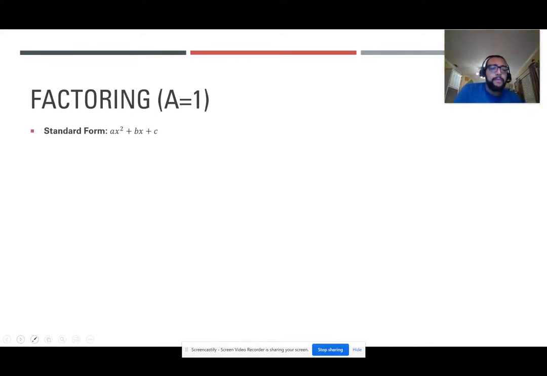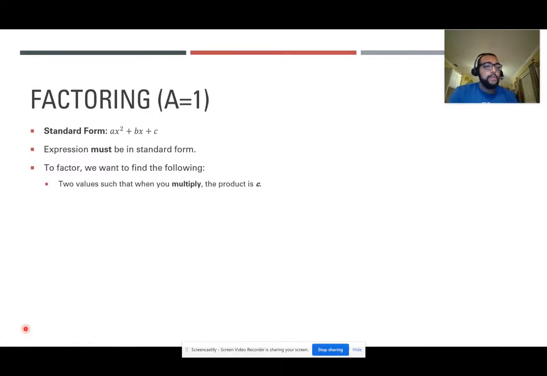In our standard form, ax squared plus bx plus c, if the number out in front of the x squared, your a, is 1, so if there's no number out there, here are some ways we can factor. First off, it must be in standard form. And to factor, we're looking for two numbers such that when you multiply them, the product is c, and when you add them, the sum is b.